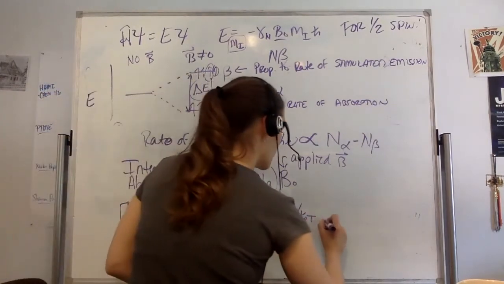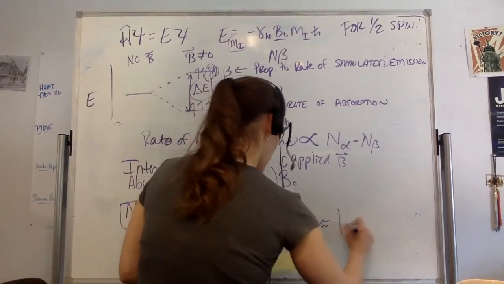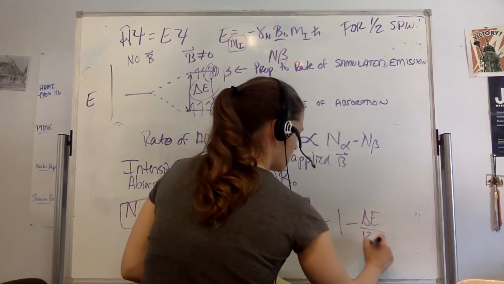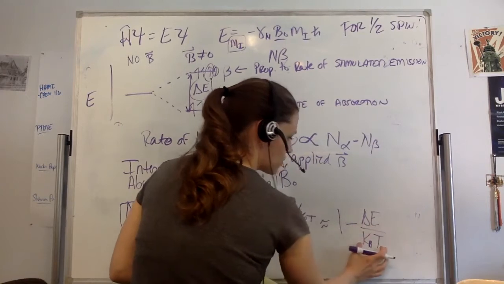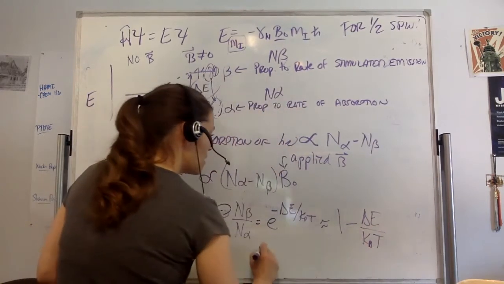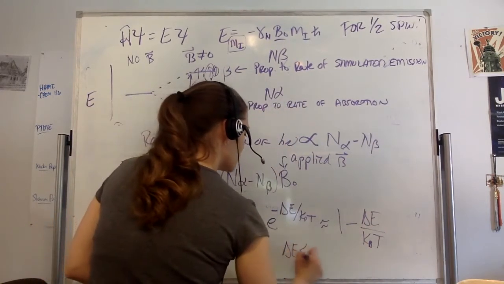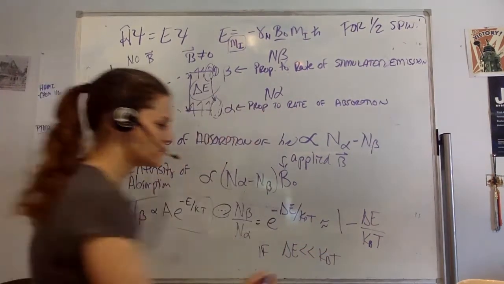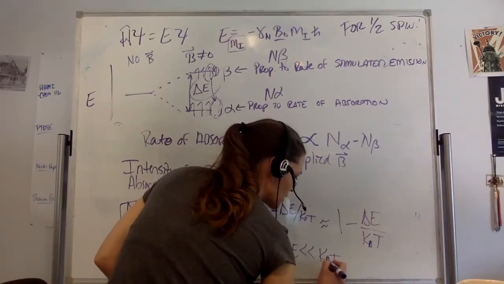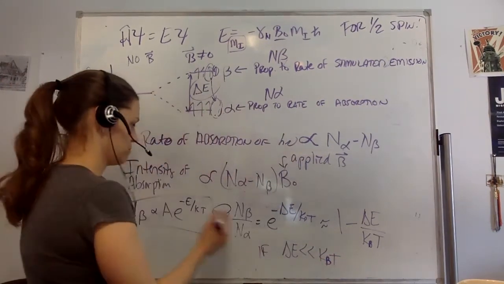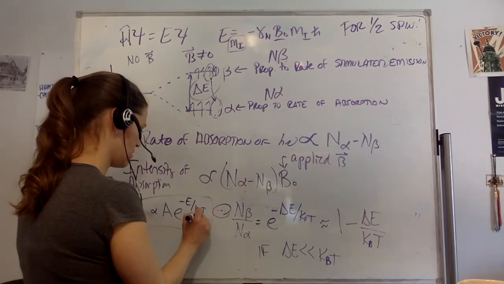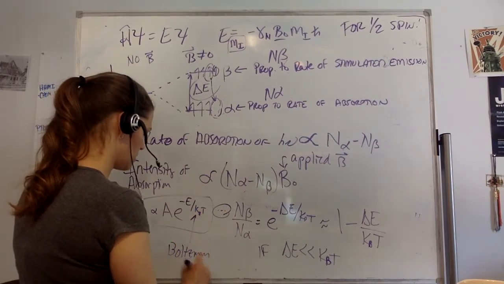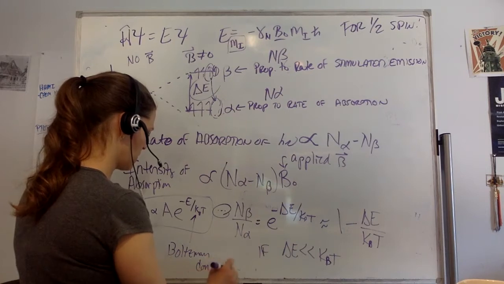But this is approximately equal to 1 minus delta E over kT, the thermal energy, if delta E is much, much smaller than kT. These are little k's, by the way, to designate the Boltzmann constant.